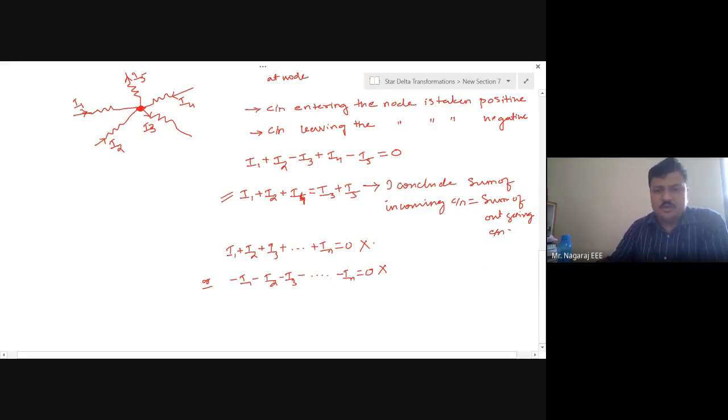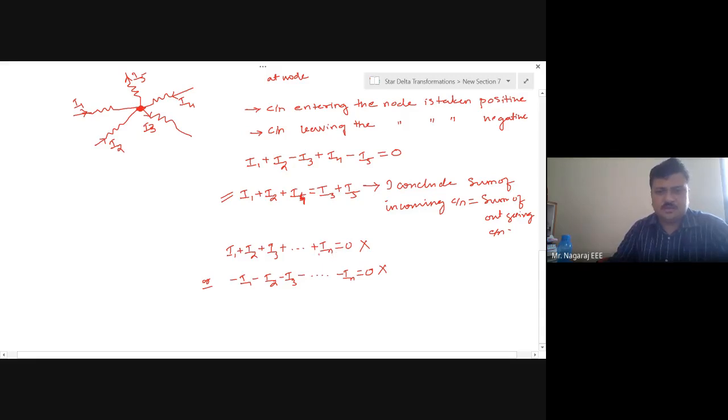Now, what does this mean? There can't be all the currents exiting from the node, and there can't be all the currents entering the node. With any number of branches connected to a node, there must be at least one incoming current and at least one outgoing current.